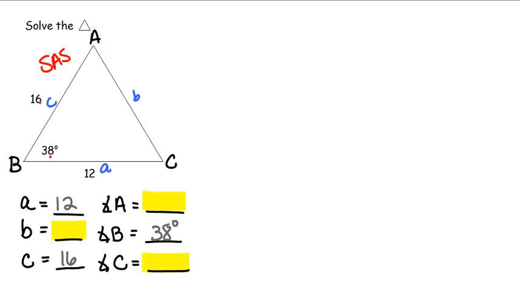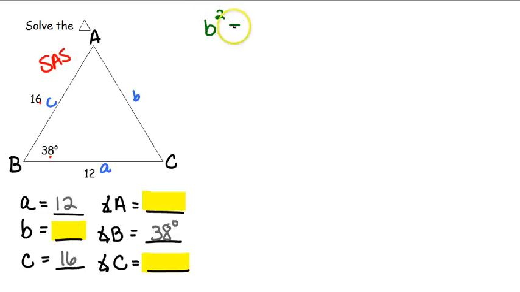Now we look at what we're given, and what I'm going to solve for first is my side B, because I have side A and I have side C. So I'm going to go ahead and solve for side B first. And if I'm solving for B, I'm going to use the one that is set equal to B squared.